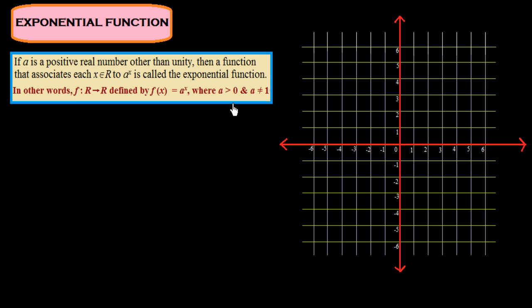In this condition we see that a is not equal to 1, so a may be smaller than 1, between 0 and 1, because a is greater than 0. And the other is a is greater than 1. So we have two conditions. The first case we take is a is greater than 1.